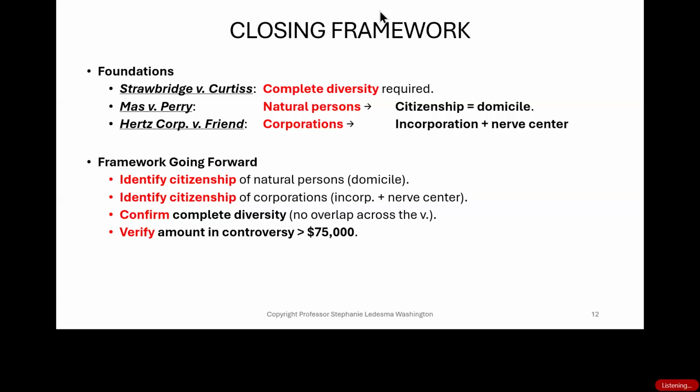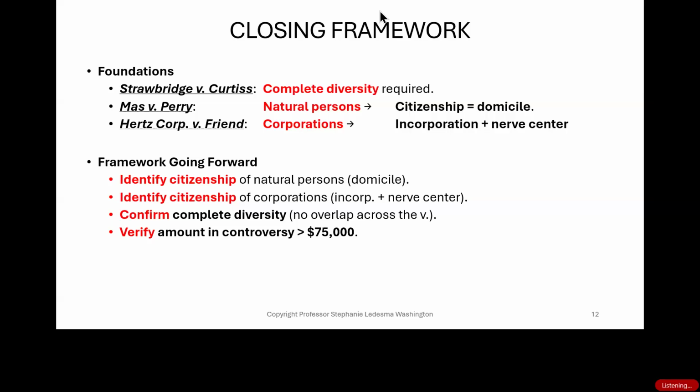Or you have to identify the citizenship of the corporation if that's the call of the question, and you do that by identifying where the corporation is incorporated and where the corporation has its high-level officers direct, control, and coordinate the company.